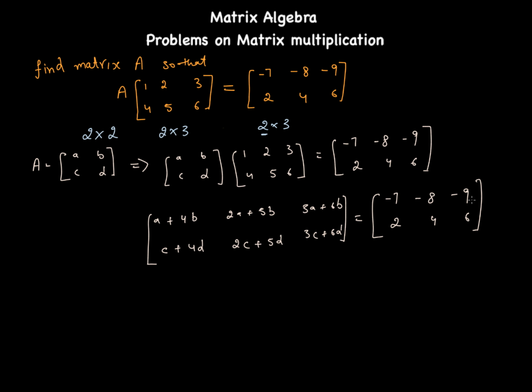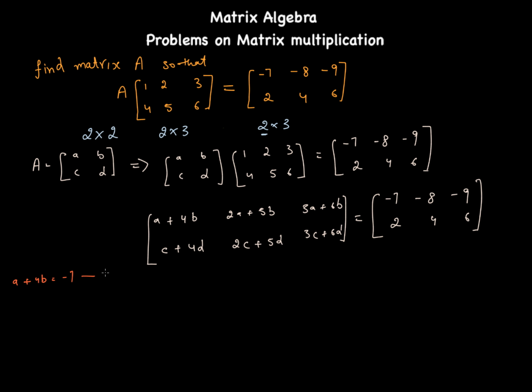Now again the rule: two equal matrices means their corresponding elements are equal to each other. I'm going to write those down over here, using different colors for all of them. Let's write the first one: a plus 4b is equal to -7.